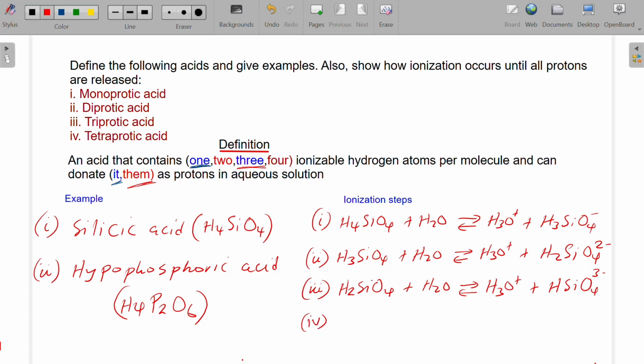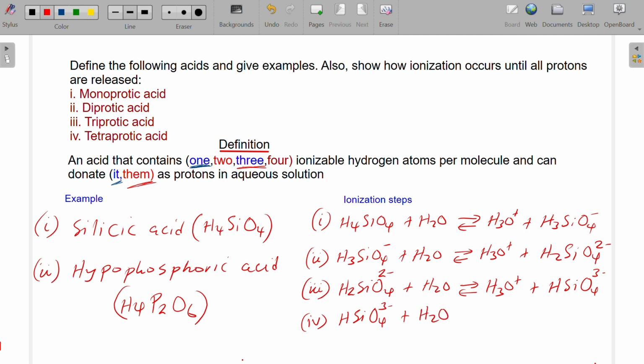Then the last step, which is the fourth one, will be we are putting the HSiO₄³⁻ in water. Don't forget the charges. We didn't put the charges on the second step here, and we didn't put the charge on the third step here. It is a 2 minus, and the last one here we have a 3 minus.